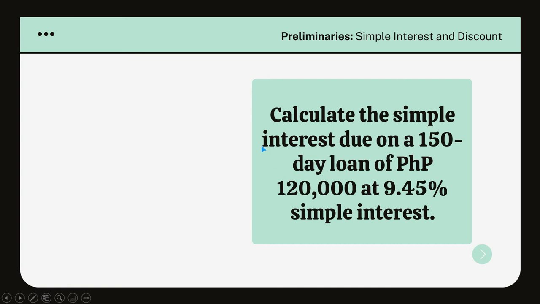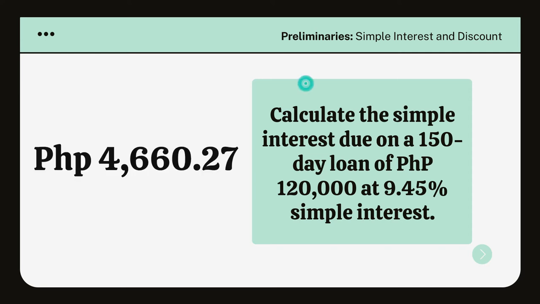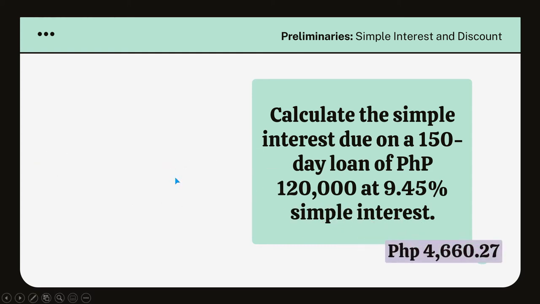Calculate the simple interest due on a 150-day loan of a 120,000 peso principal at a 9.45% simple interest. Okay, so the answer is 4,660 pesos and 27 centavos. And the reason that came to be is because we're gonna go for the exact method.